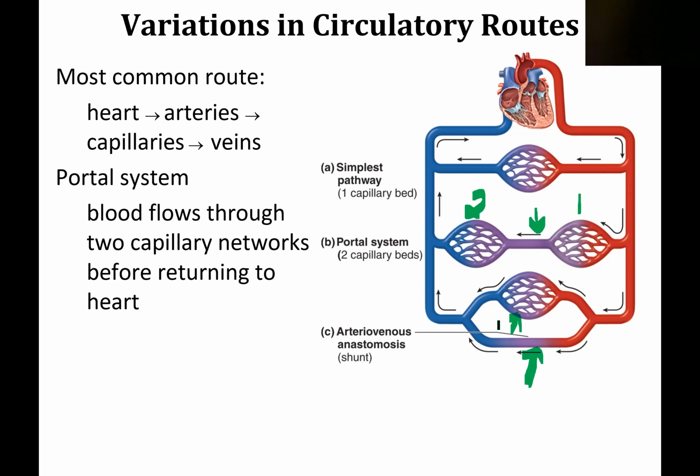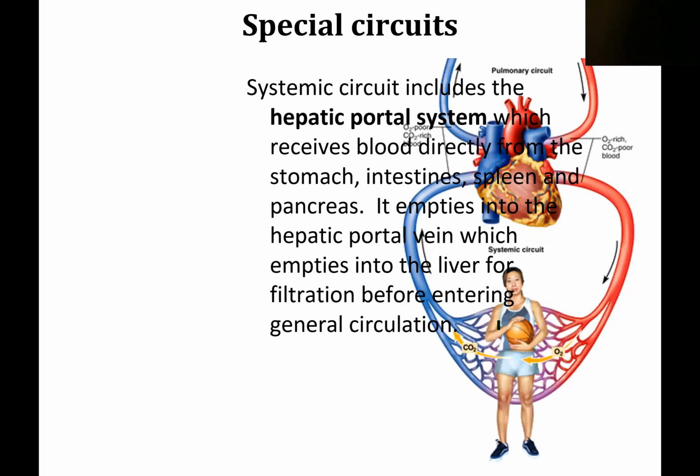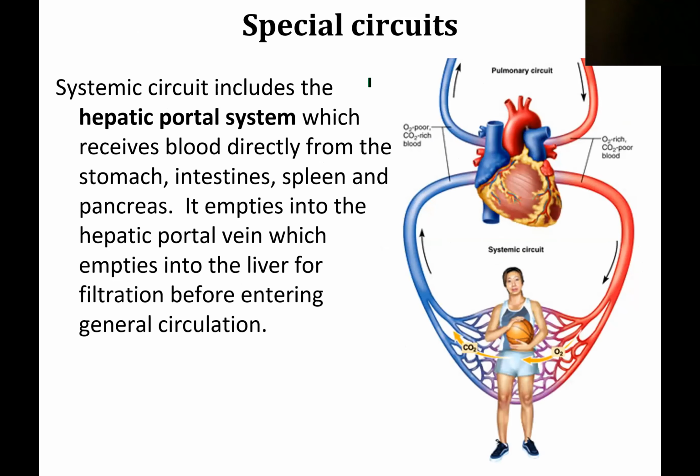All right, a specific portal system that we're going to need to take a look at is the hepatic portal system. The hepatic portal system has a capillary bed in various places. It's going to receive blood directly from the stomach, both intestines, the spleen, and the pancreas. That's where all of the first capillary beds are.